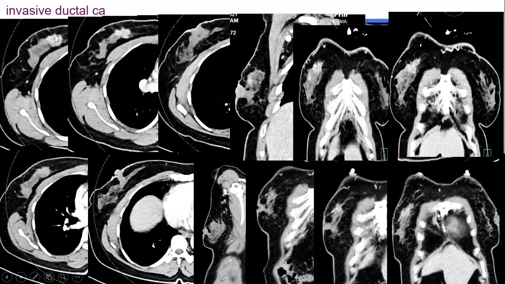This is from a few months before the presentation, and if you look at the lesion, it was obviously seen, an enhancing spiculated mass here. This is the mass. I think there are 4 or 5 months between the two studies.